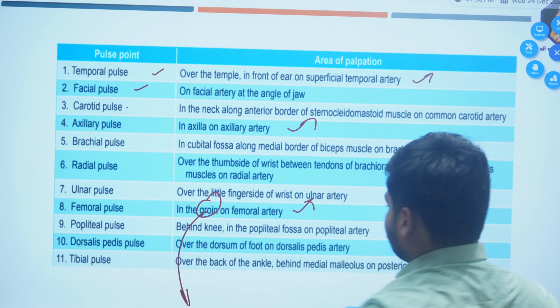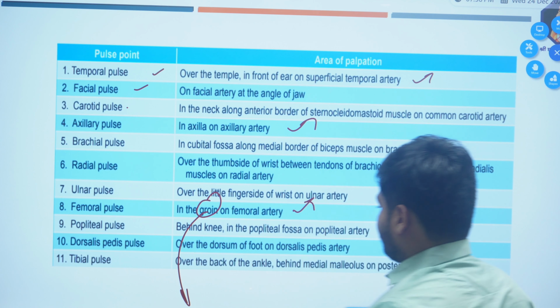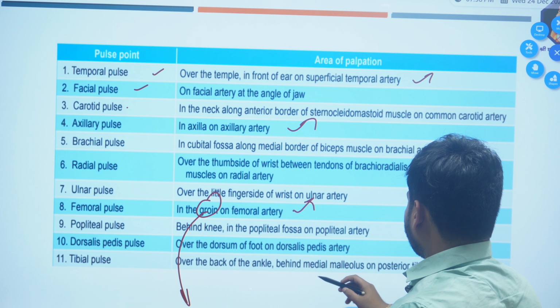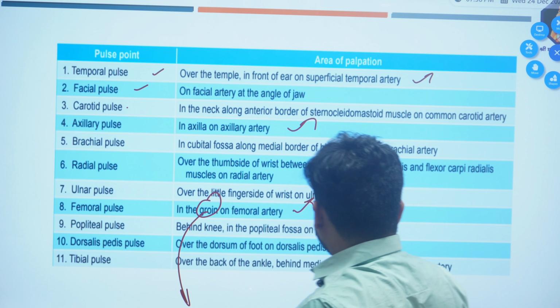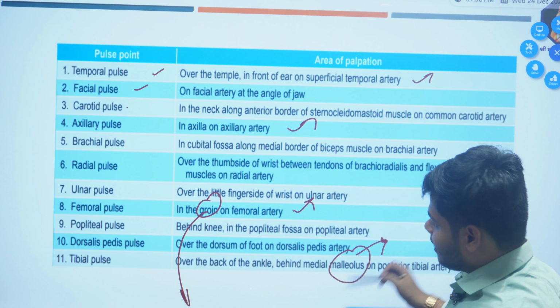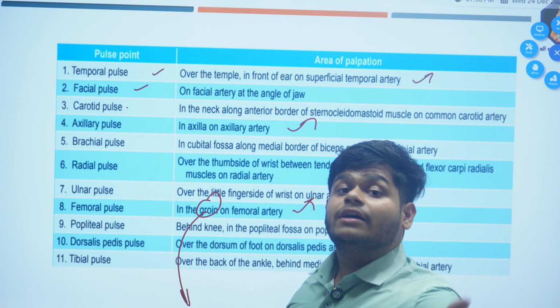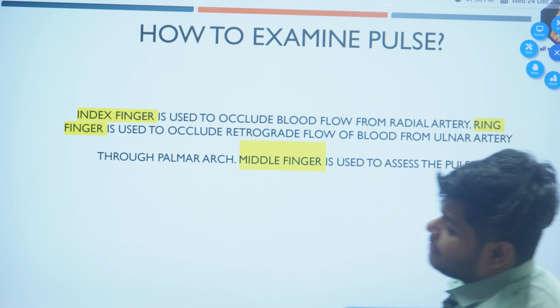Dorsalis pedis pulse is observed at the dorsum of your foot, right? And tibial pulse over the back of the ankle, behind the medial malleolus, on the posterior tibial artery. Now this malleolus is a projection of the tibia bone, which we will learn later in osteology, right?